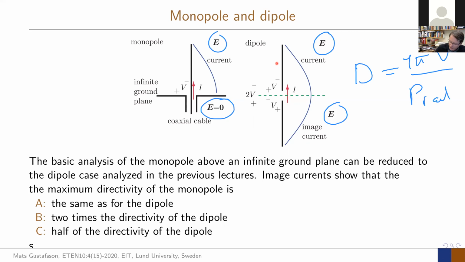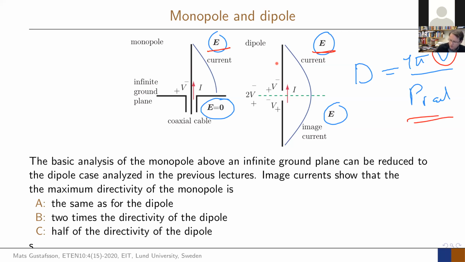If I have the electric field above, so let's say we sit in a point up there, from the dipole and from the monopole, I have exactly the same electric field, which means that U is the same for these two. U monopole is the same as U dipole.